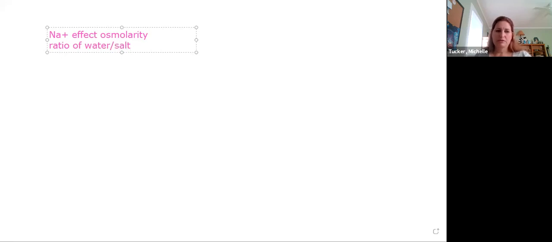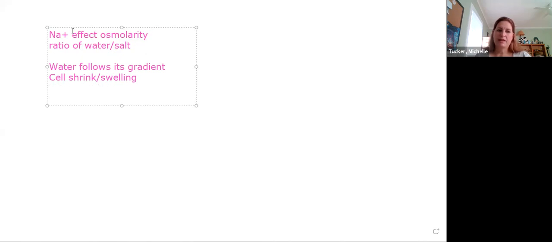The reason why we're concerned with that is because water follows its gradient. And in very simplistic terms, cells will end up shrinking or swelling. So that's a concentration issue.